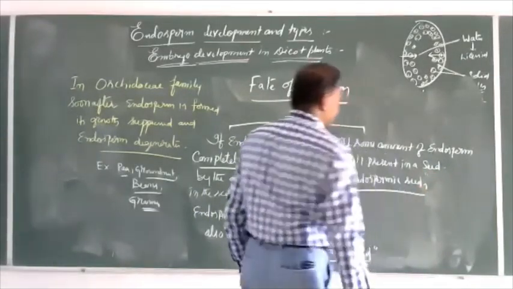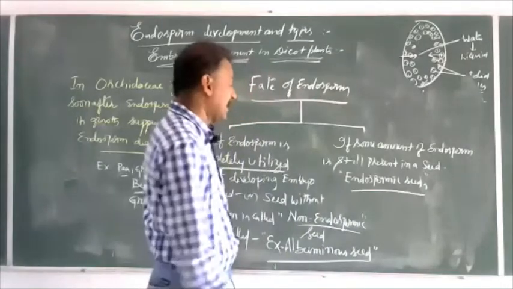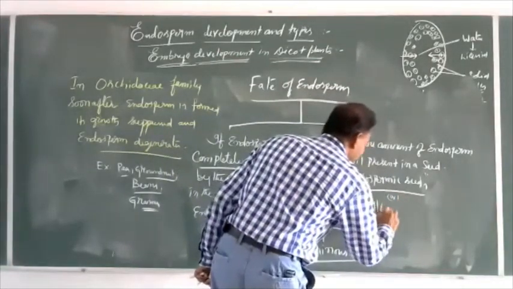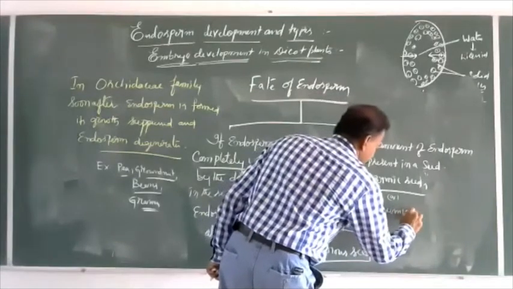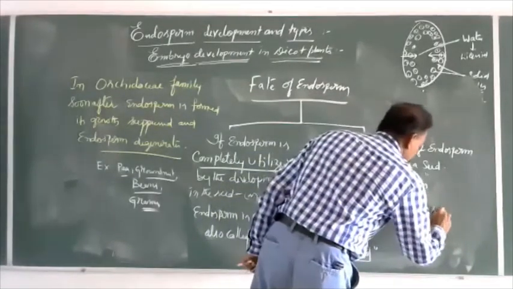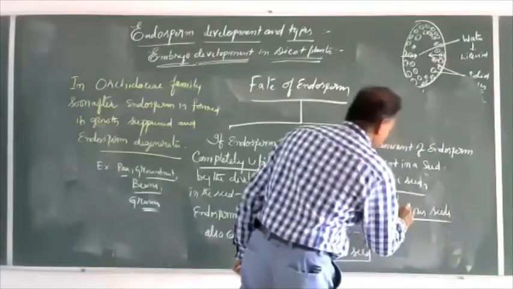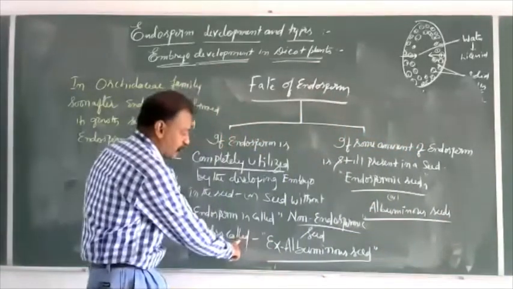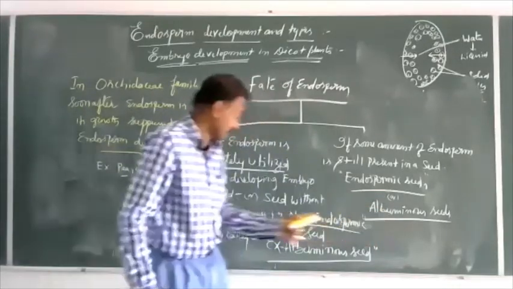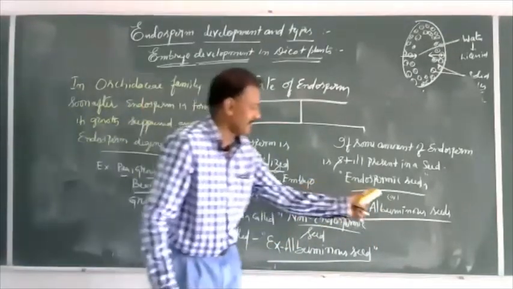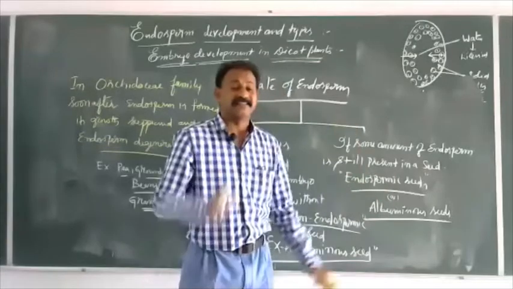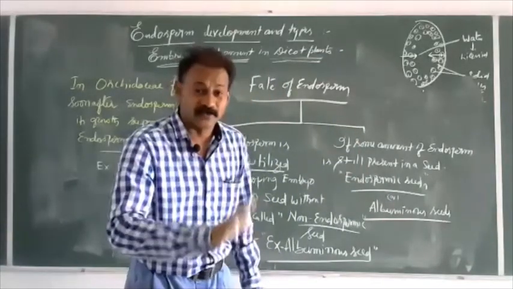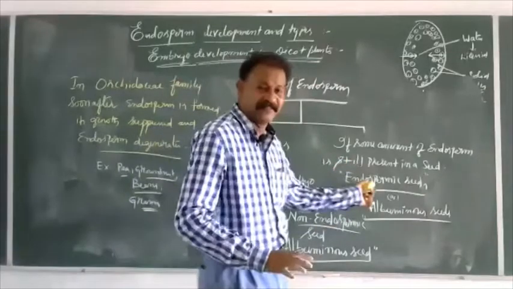Endospermic seeds are albuminous seeds. Albuminous, ex-albuminous, albuminous, non-endospermic, endospermic: when some amount of endosperm, even after its usage, is still present in the seed.